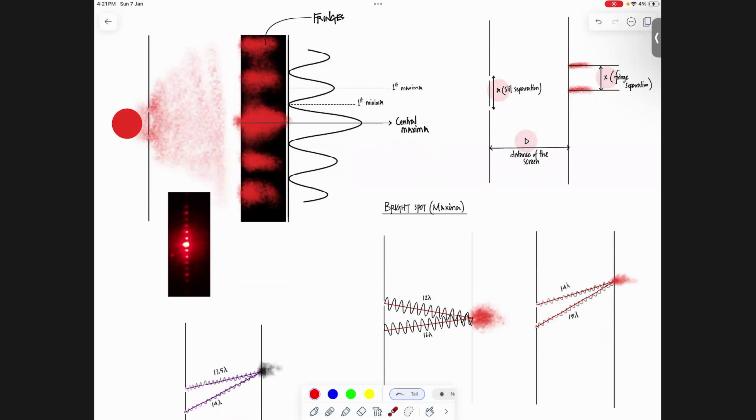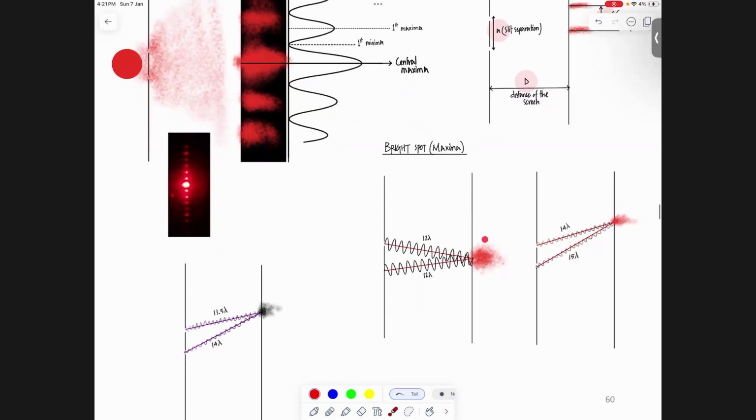Because of that difference, when they meet here, they result in constructive and destructive interference, right? For example, here, if your light has traveled 12 wavelengths this way and 12 wavelengths that way, the path difference is 0. And when your path difference is 0, you end up with constructive interference.